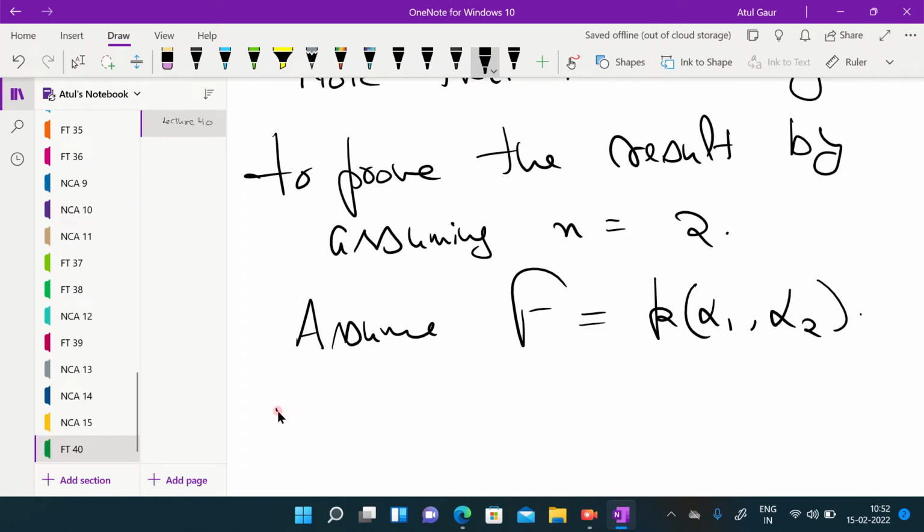So what may happen in the first case: the field K may be finite, right? K is a finite field.